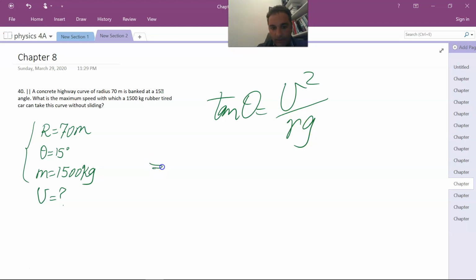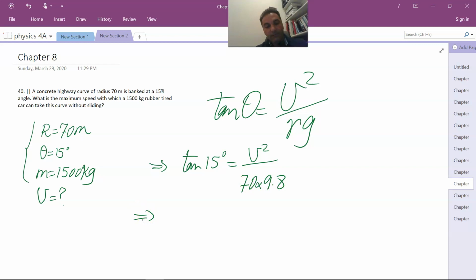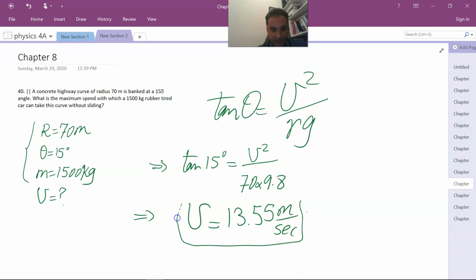The answer is no. So tangent 15 is equal to V squared over radius, which is 70, G is 9.8, therefore we can find it. 70 times 9.8 times tangent 15 degrees, then take the square root, so your speed must be 13.55 meters per second. If we want to convert it to miles per hour, this is your answer, okay?